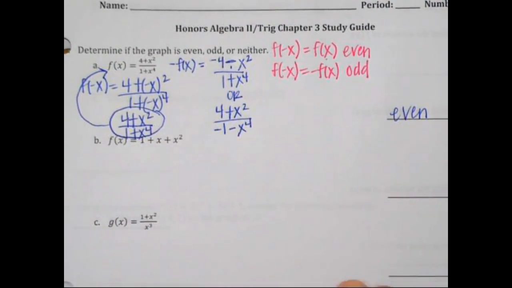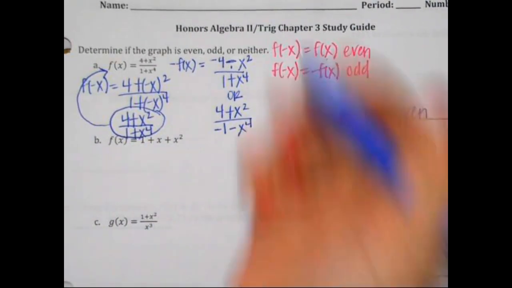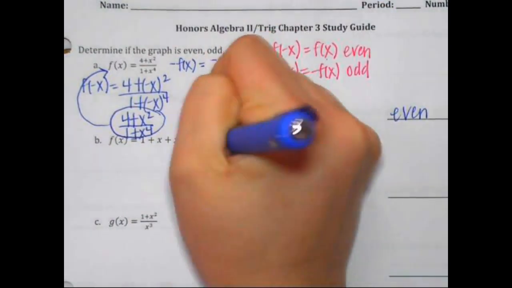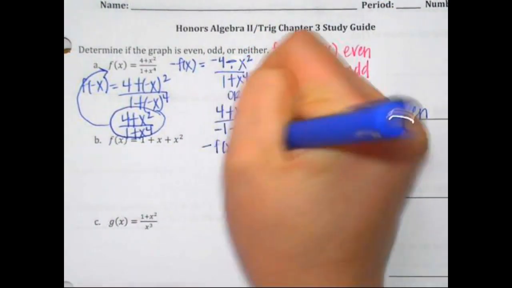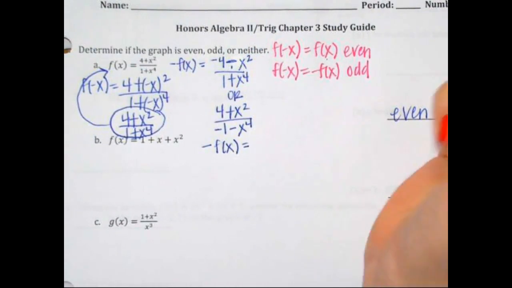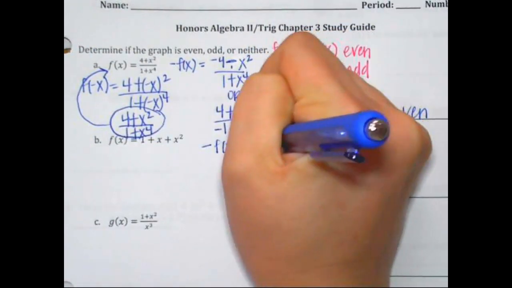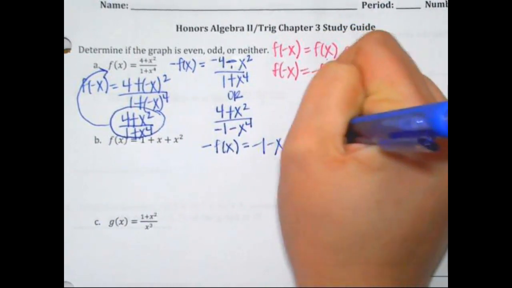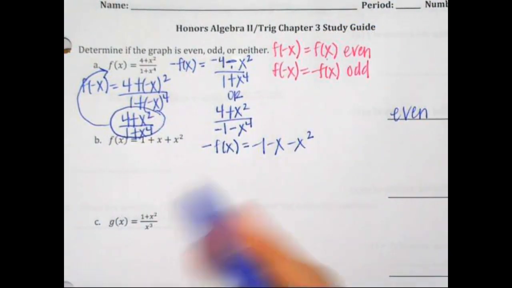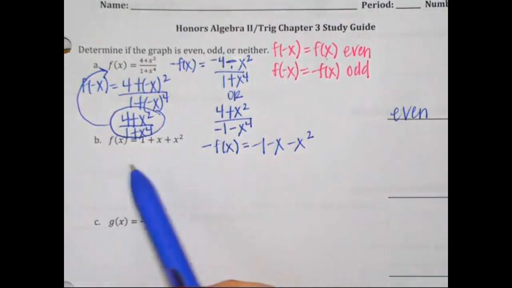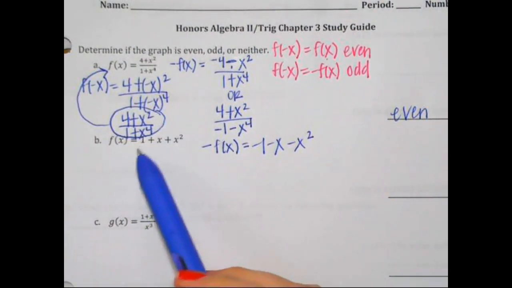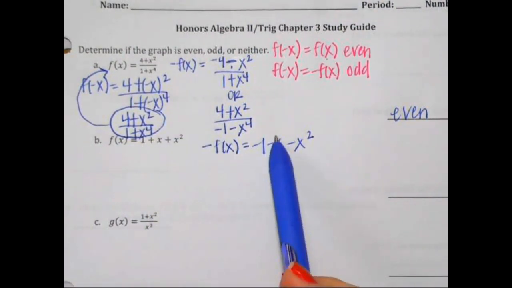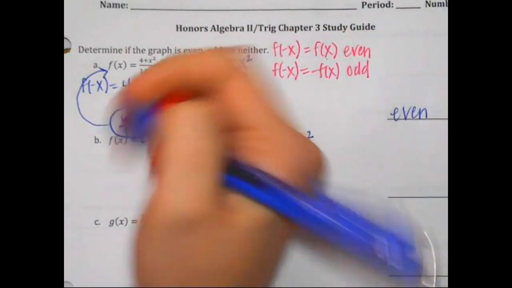With B, same deal. If you want, you can always write out what negative f of x is. That's just multiplying everything through by negative 1. So negative 1 minus x squared. You don't have to write that out. It's just nice to compare at the end whether it's the same as the original or the same as the function multiplied by negative 1.